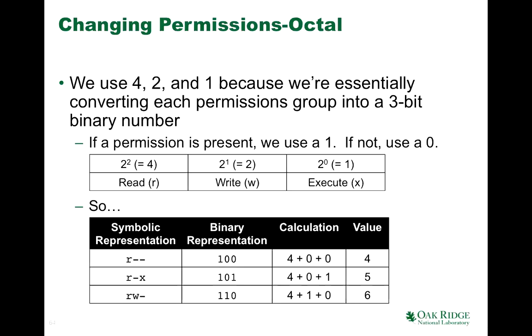The table below gives some examples of looking at it symbolically, how it would appear in an ls listing on the system, how you might think of that as a binary format, and the actual calculation, adding up the numbers to calculate the value. The bottom example, I just called error number 2. That should be 4 plus 2 plus 0 for a value of 6.